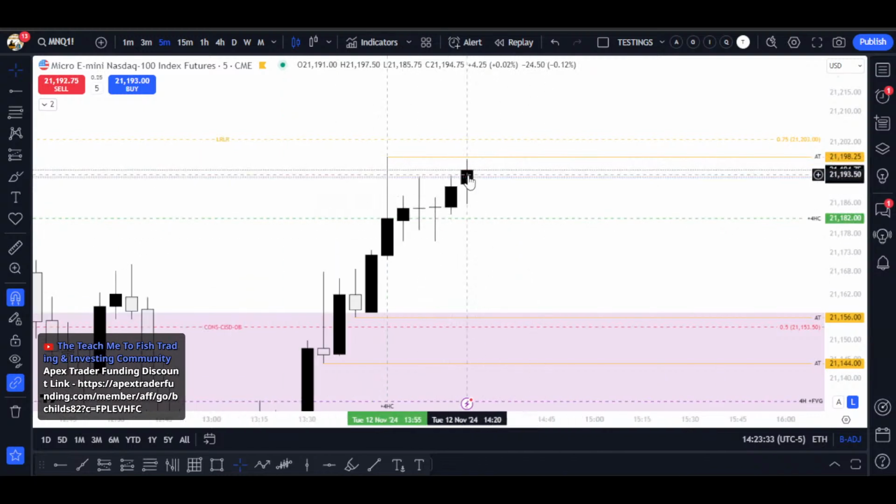Still got a minute and a half, so it's very possible we could go ahead and get that. Love to see it sweep and close below.